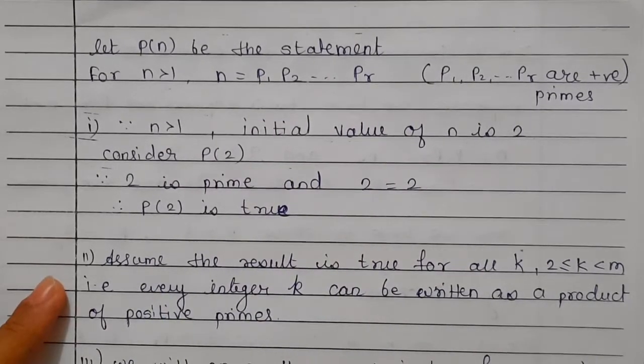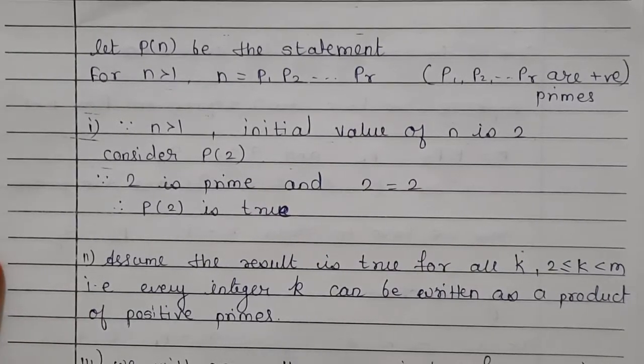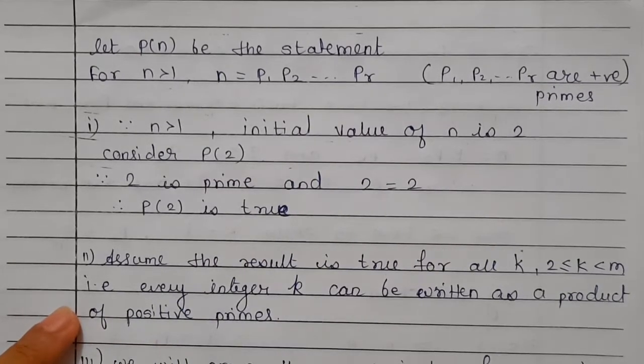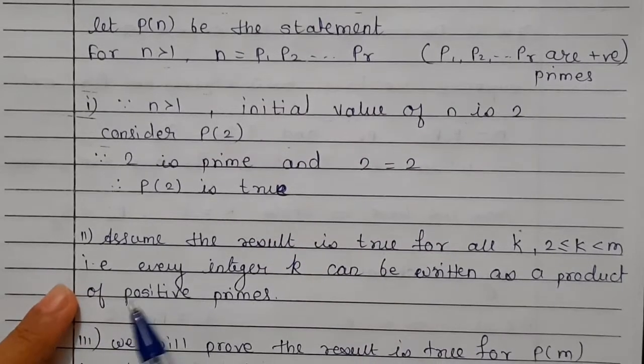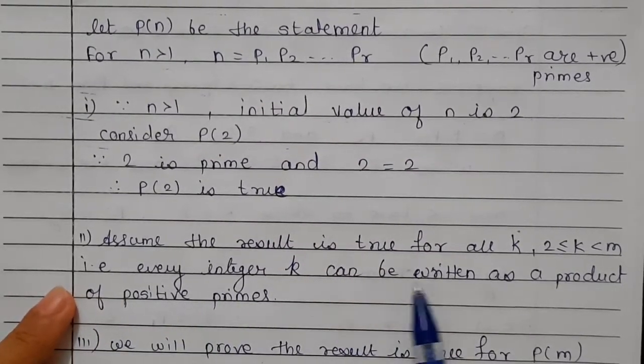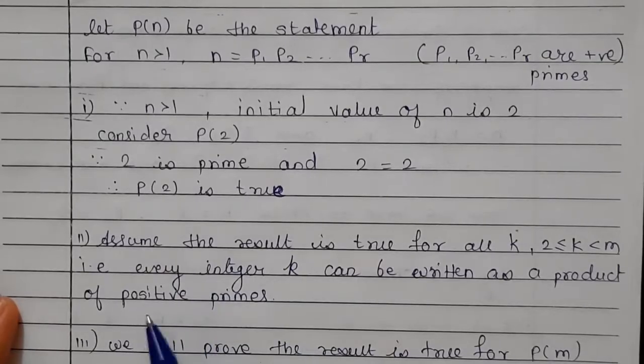Assume the result is true for k. This is the definition which we are using here. Now from this what we write, that is every integer k can be written as a product of positive primes. By the second principle of induction we write this.